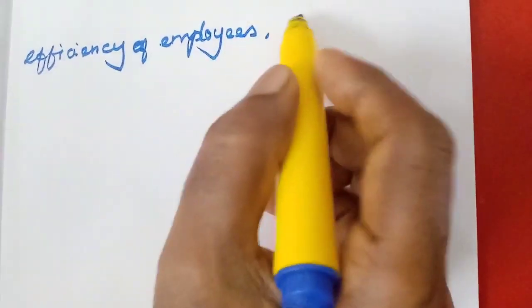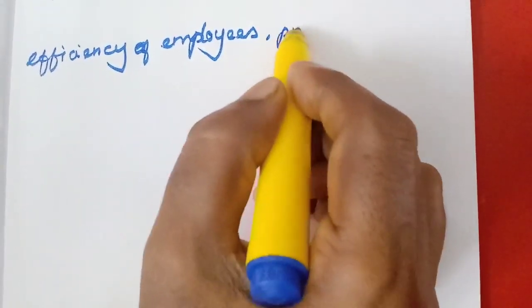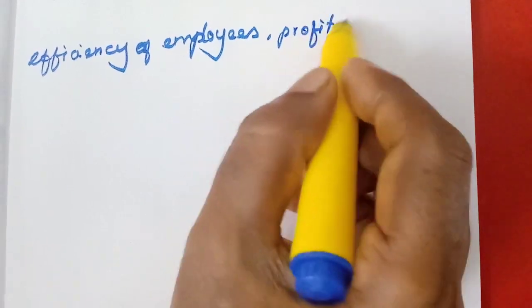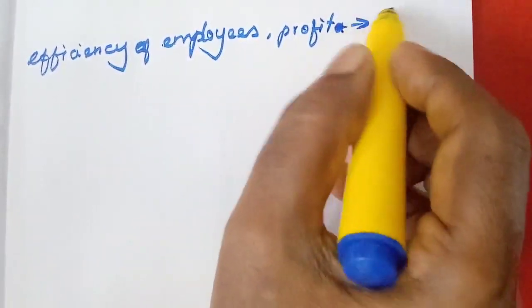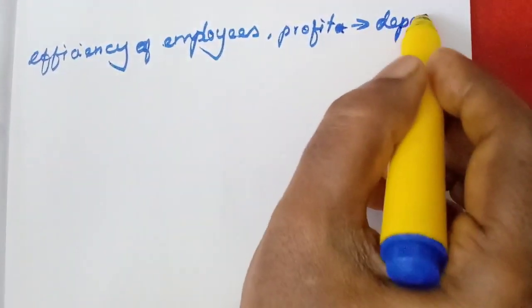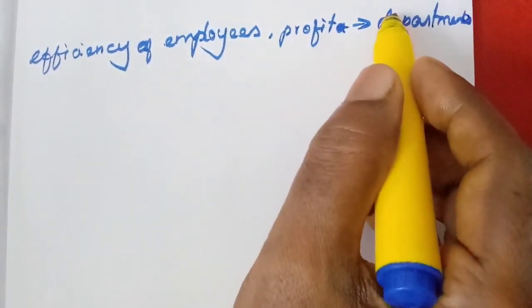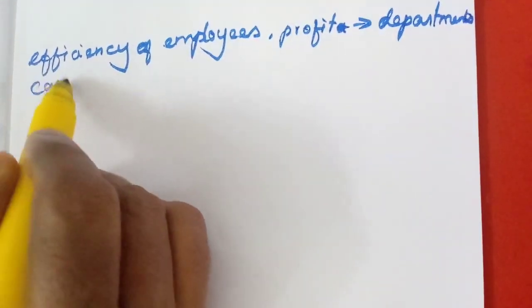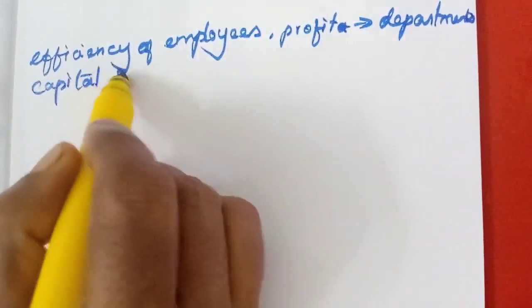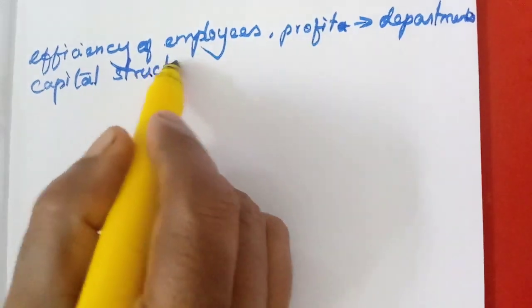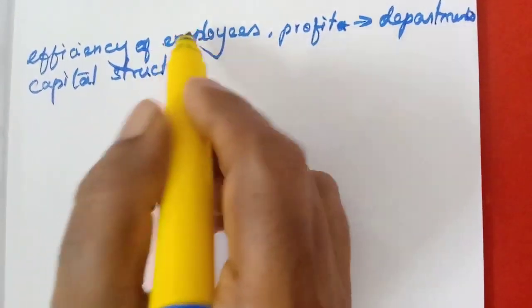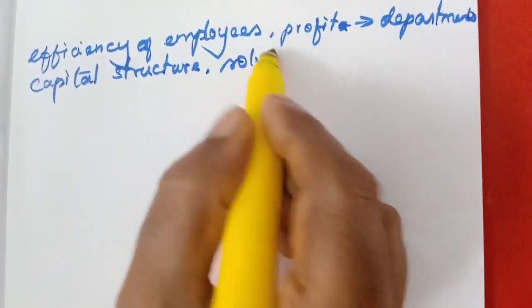Then they will compare the profitability of the different departments. Then capital structure, then solvency position.